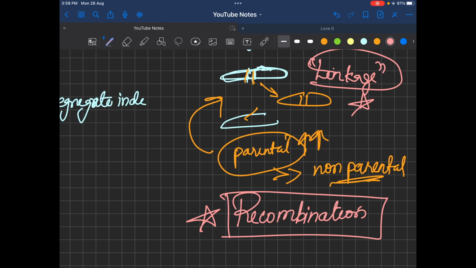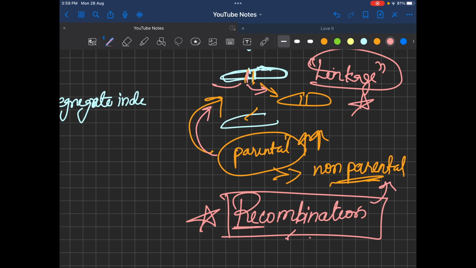What is recombination? That is, one gene goes with another gene, that is segregates independently, then it is recombination. Otherwise they don't recombine. Recombination means they combine again, right? When they recombine they form non-parental. When they don't recombine they are parental, the same as the parents.